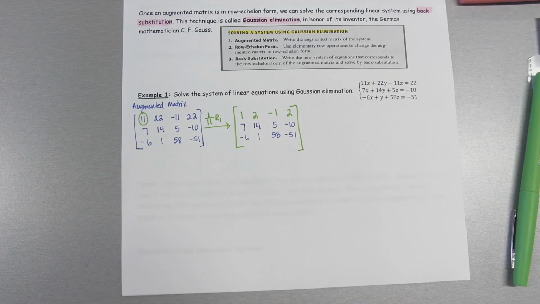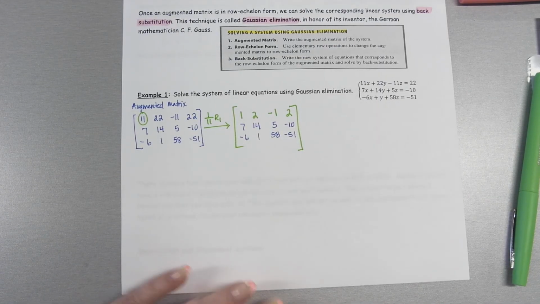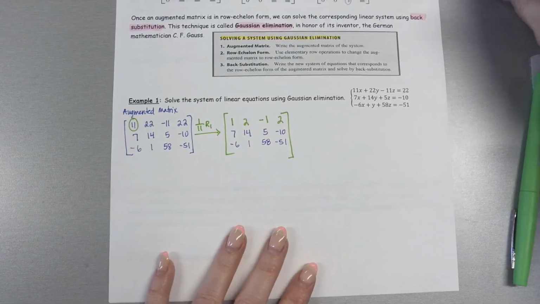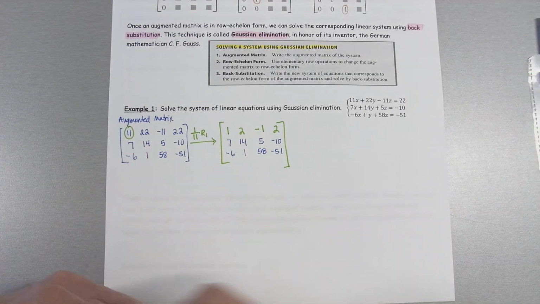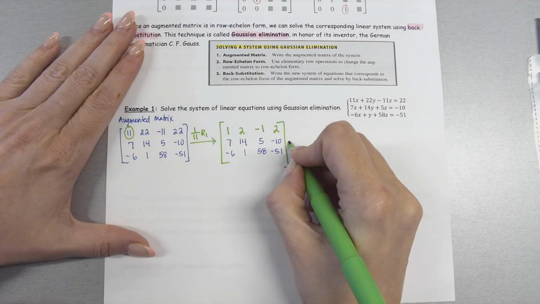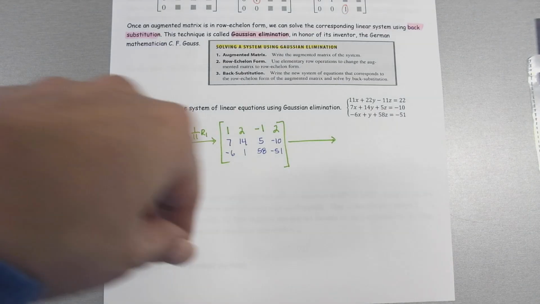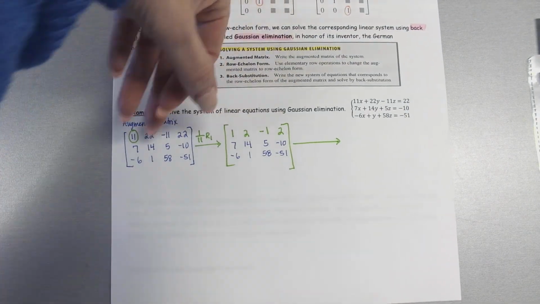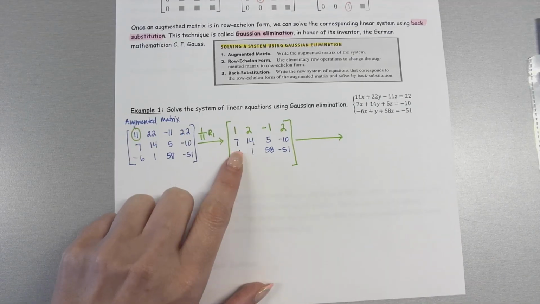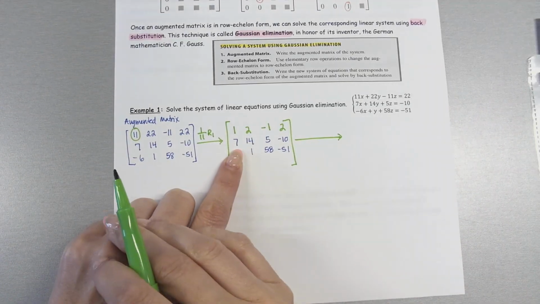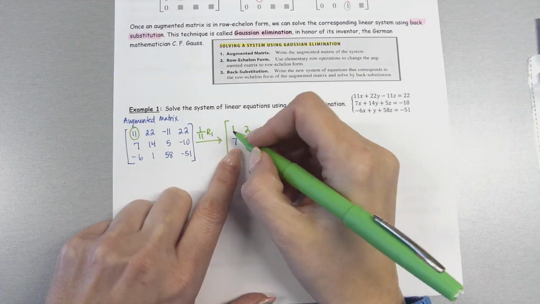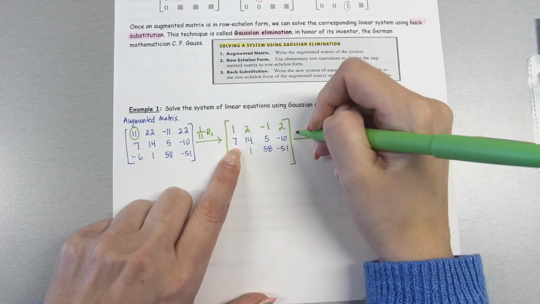Okay, and then after we get the 1, the next thing we want to do is get zeros below it. Okay, so we're going to start with multiplying, and when we do the multiple, because we got the leading 1 in the first row, that's what we want to use. So if I'm trying to undo the 7, I just multiply by the opposite. So the opposite of 7 is -7.